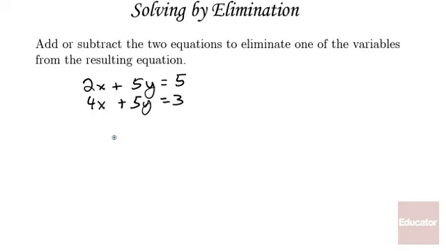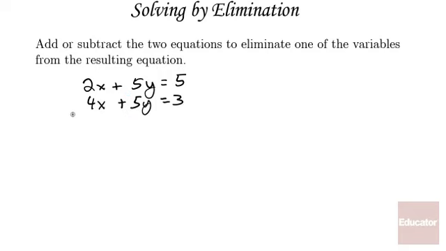you look and see that there's no variable with a coefficient of 1. Therefore, substitution is not ideal. It's not the easiest way to go. But what you see is that you have one variable, y, that has the same coefficient. So adding is certainly not going to help me. If I add these together, I'll get 6x plus 10y equals 8. What I need to do is subtract, because my goal is to get one variable to drop out.